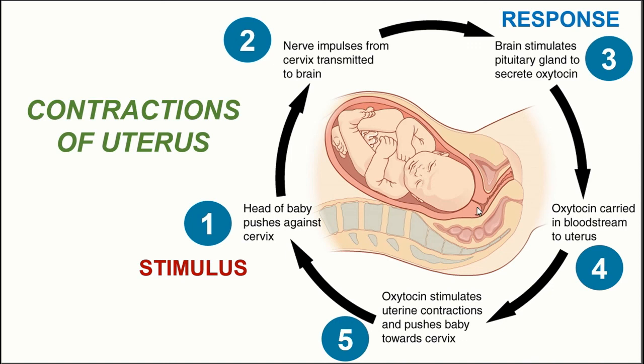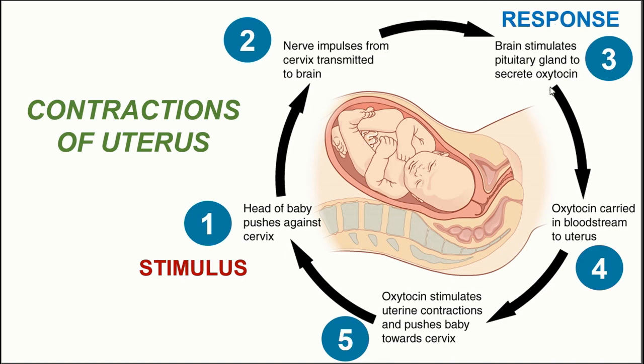The cervix is a narrow region between the uterus and the vagina. The head of the baby pushes against the cervix, and the cervix has neurons in it that are connected to the brain, and nerve impulses are sent from the cervix to the brain.